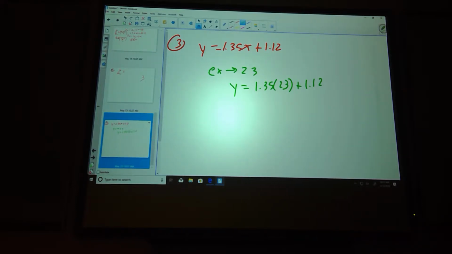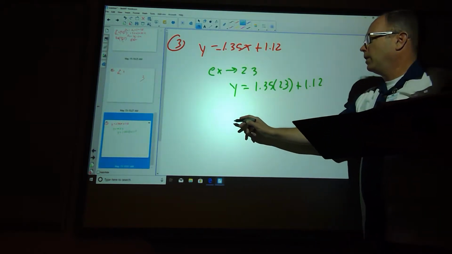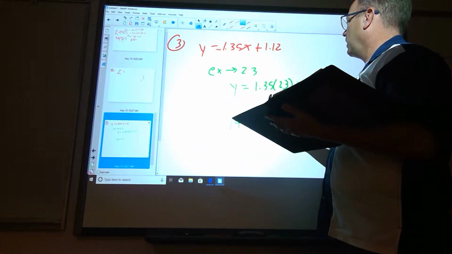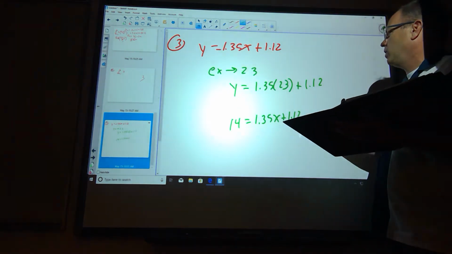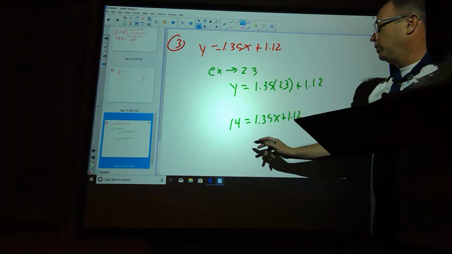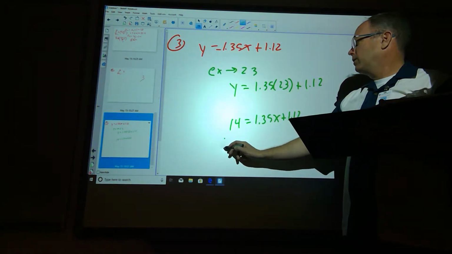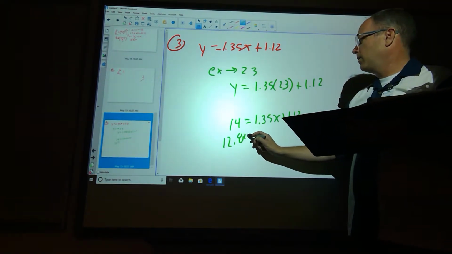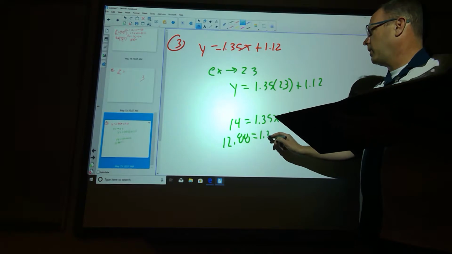And how far off was their estimate for a person who got a 14 on the Explorer? Based on our equation, 14 equals 1.35x plus 1.12. Subtracting 1.12 gives 12.88 equals 1.35x.